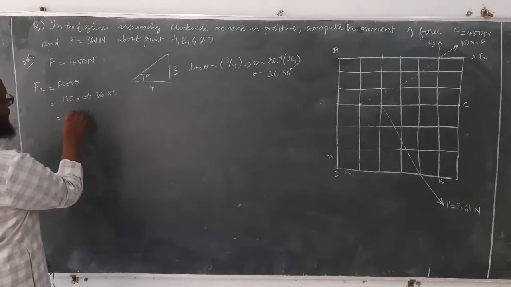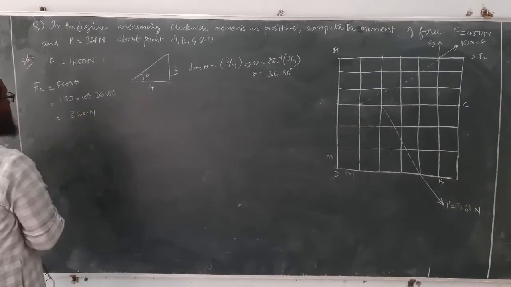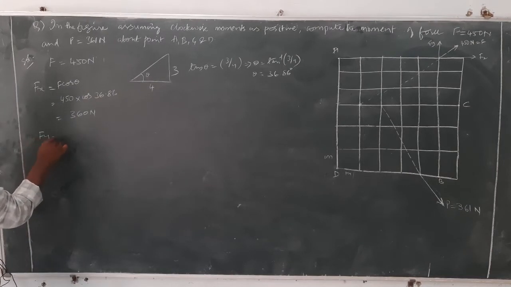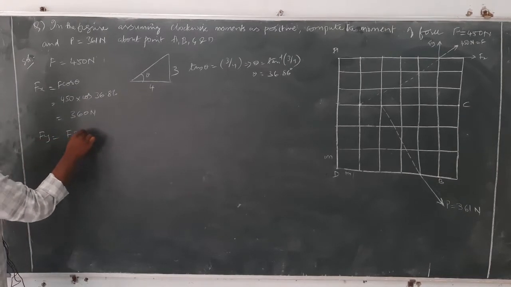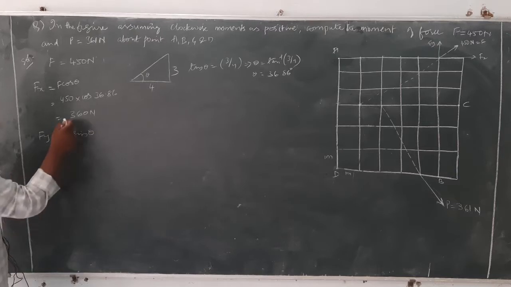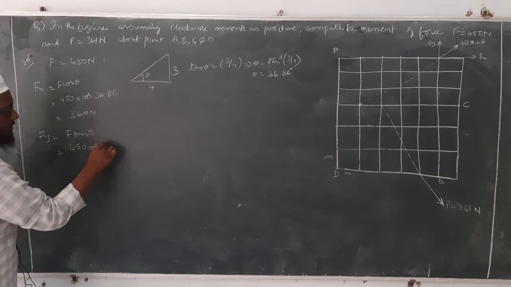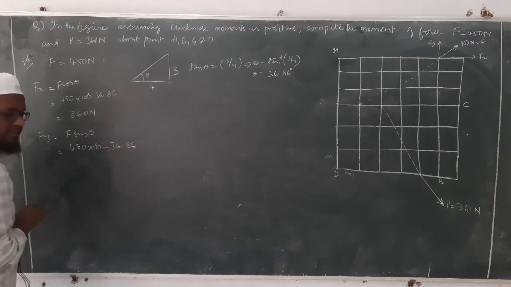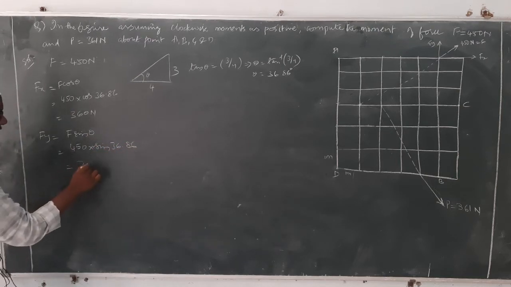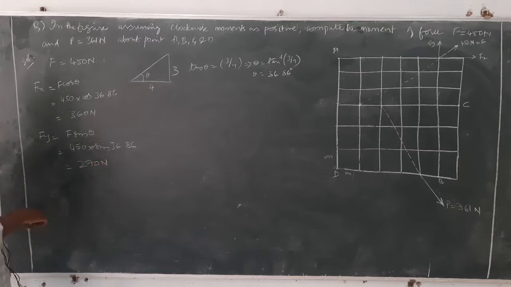Fx is equal to 360 newtons and Fy is again F sin theta. F sin theta is nothing but again 450 into sine 36.86. So we'll get it as 270 newtons.